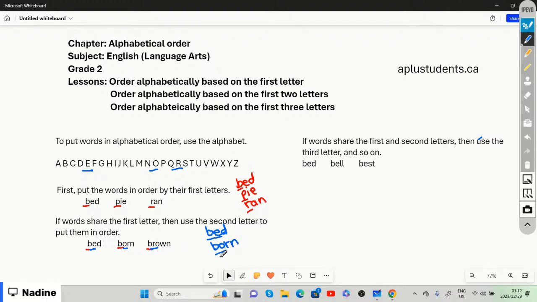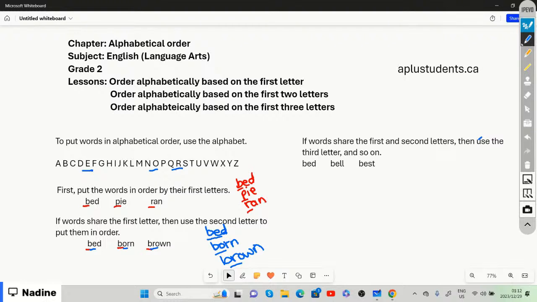And then it's going to be brown because of BR. So this way you'll still be able to put the words in order, right? By looking at the second letter of that specific word.